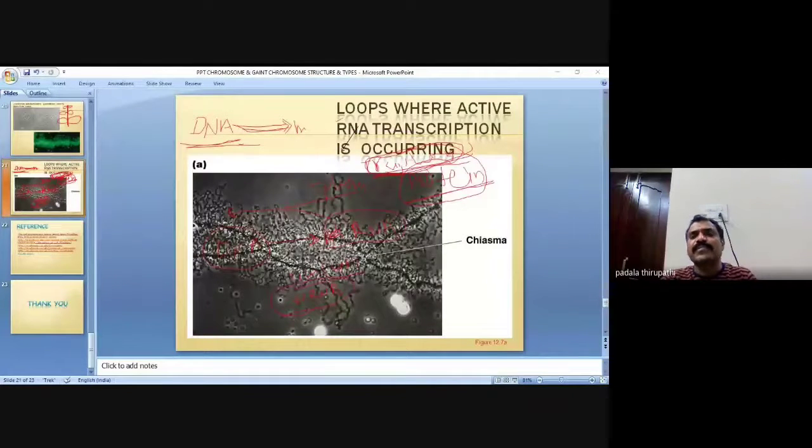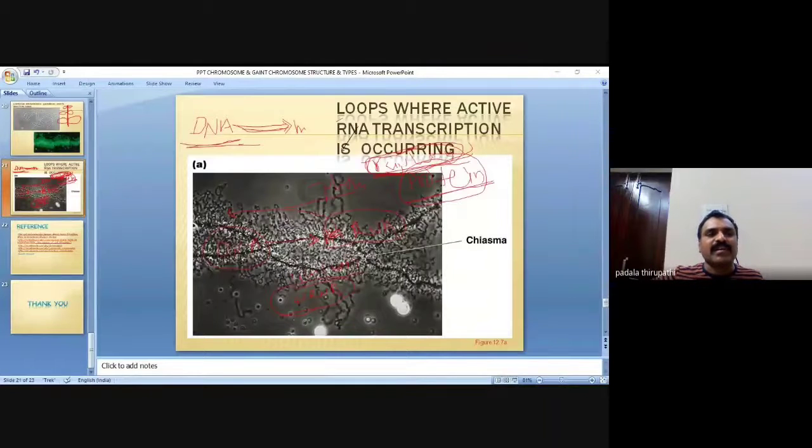And the third type, B chromosomes, are not related to normal chromosomes or giant chromosomes, but their size is very small compared to both. Generally these B chromosomes are identified only in plant species, not animals, not human beings. The best example of B chromosomes is observed in maize or corn plants.